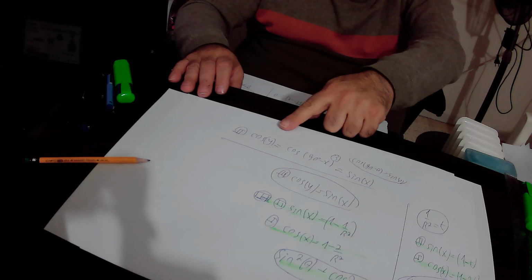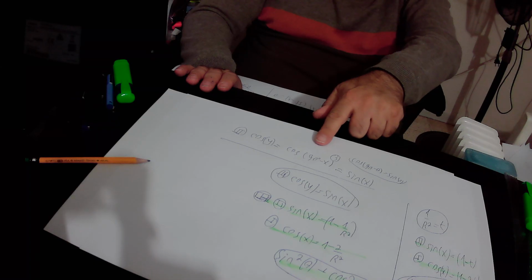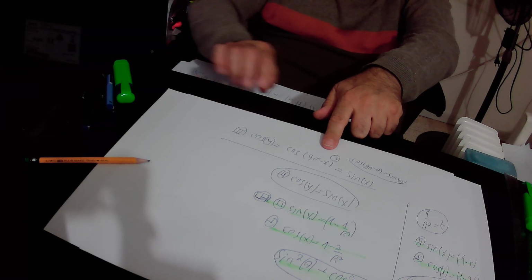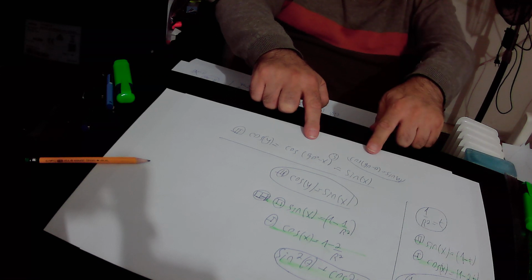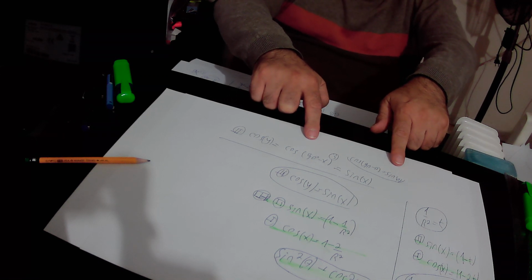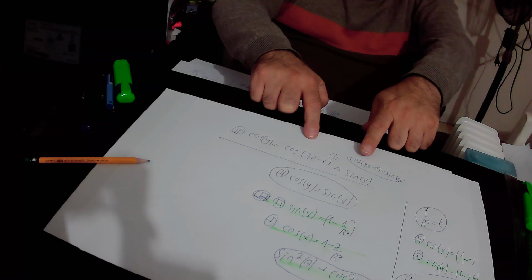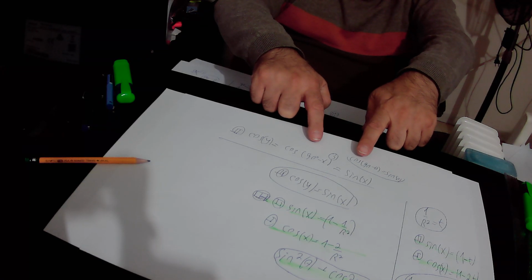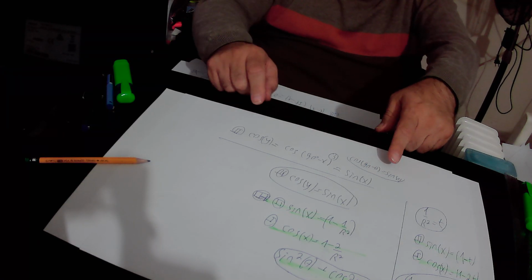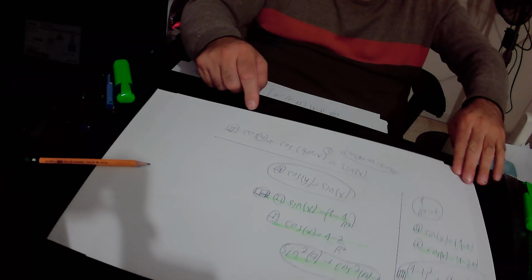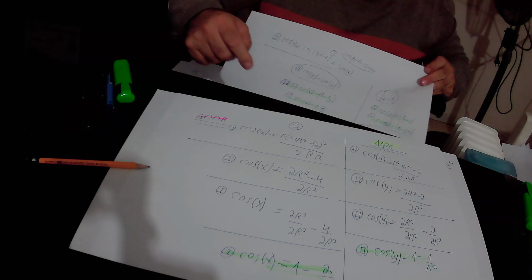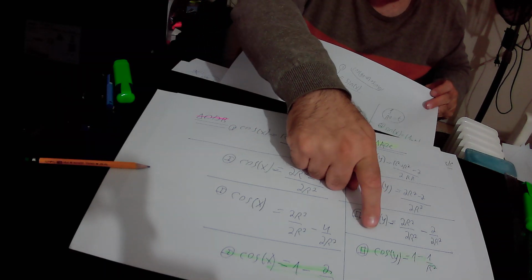So here cosine y equals cosine 90 degrees minus x. And according to the trigonometric identity that cosine 90 degrees minus theta equals sine theta, we get that cosine 90 degrees minus x equals sine x. In conclusion, we found out that cosine y equals sine x. Therefore, we can substitute cosine y in this equation by sine x.